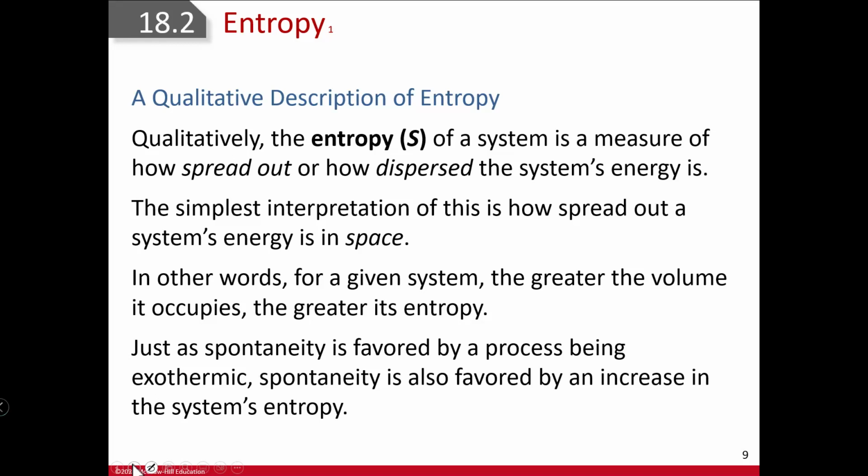So that's what I mean by space or positions that each particle can occupy. The more spread out the energy, the more spread out the mass, the more possibilities. It says the simplest interpretation of this is how spread out the system energy is in space. In other words, for a given system, the greater the volume it occupies, the greater its entropy.